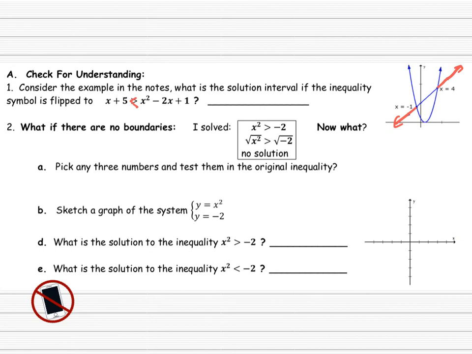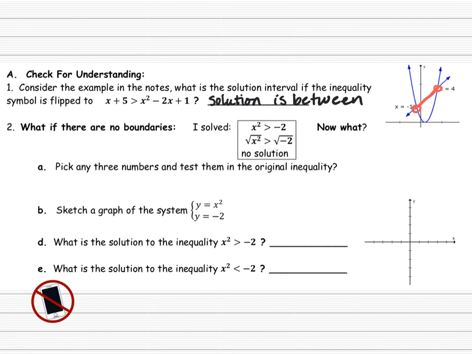If, however, we flip that sign around, what happens is that our solutions are going to flip around too. So instead of being outside, we're going to be inside those two values. So the solution is between now, instead of out.